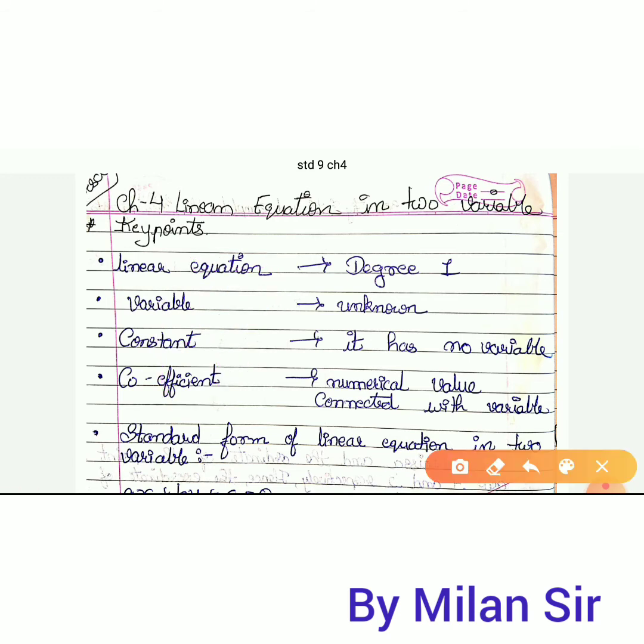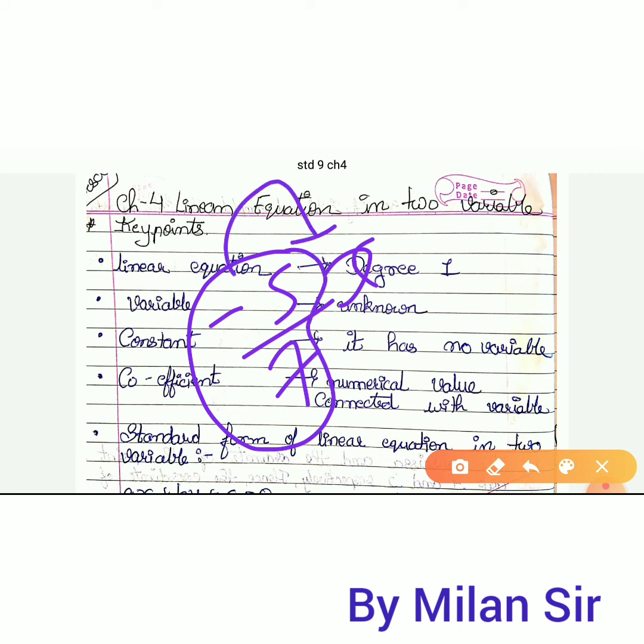If I say minus 5 by 7 x, then minus 5 by 7 is called the coefficient of x. The numerical value joined with the variable.